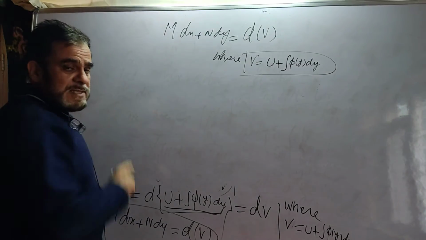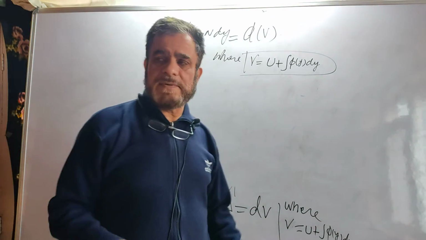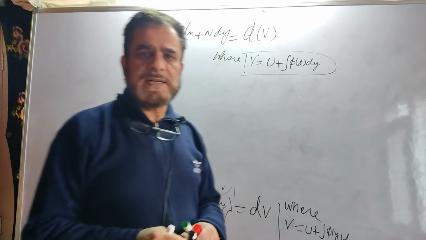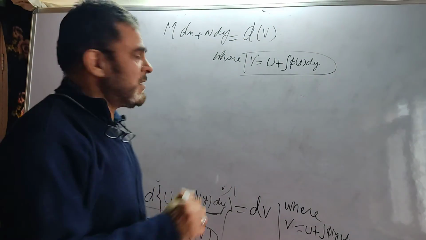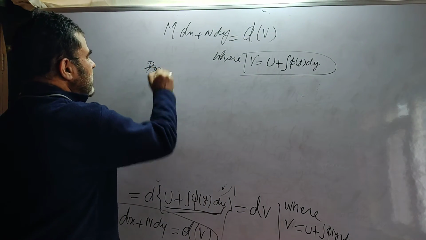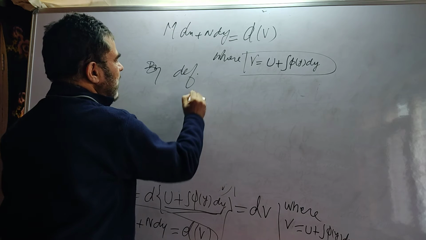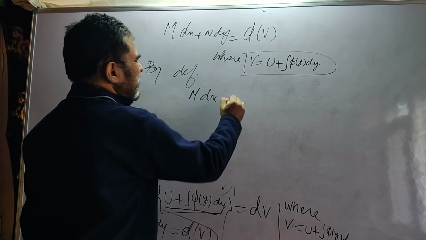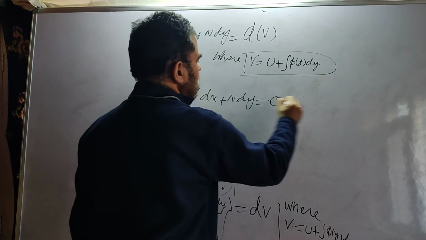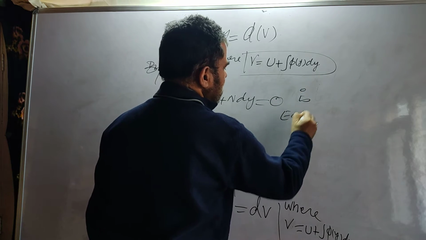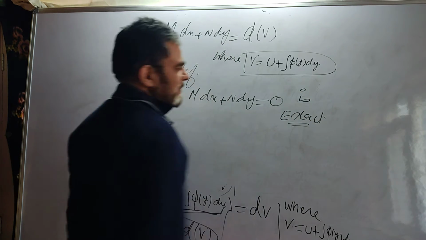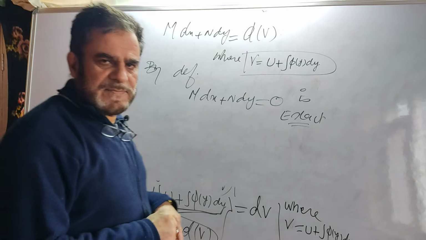So what is this by definition? M dx plus N dy can be expressed as the exact differential of some function. So by definition, M dx plus N dy equals 0 is exact. It is the sufficient part.